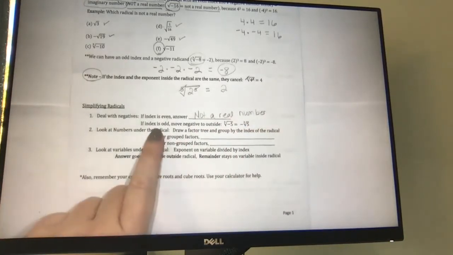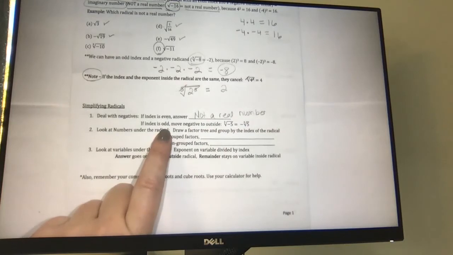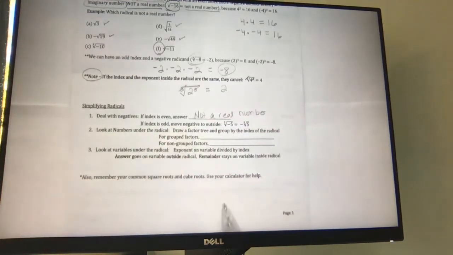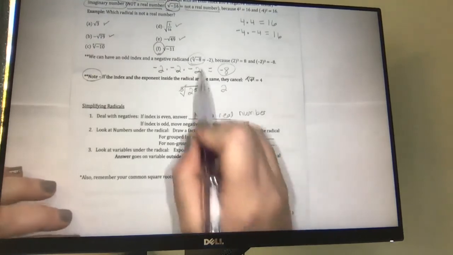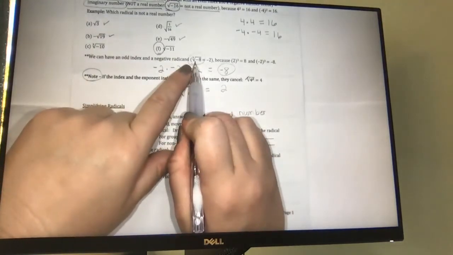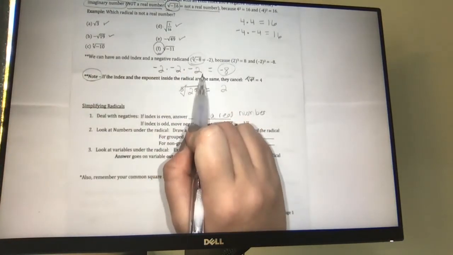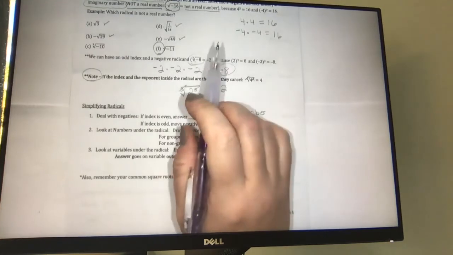Okay. If your index is odd, one way to handle it is just move that negative to the outside, and then you can always take the root of it. So if I came back up here to my cubed root of -8, I could think of what number multiplies by itself 3 times to give you -8. You're going to get -2.